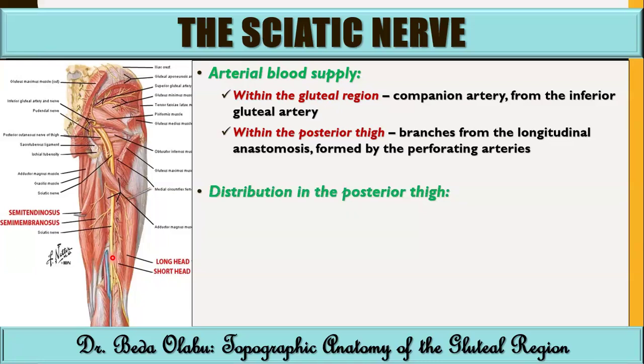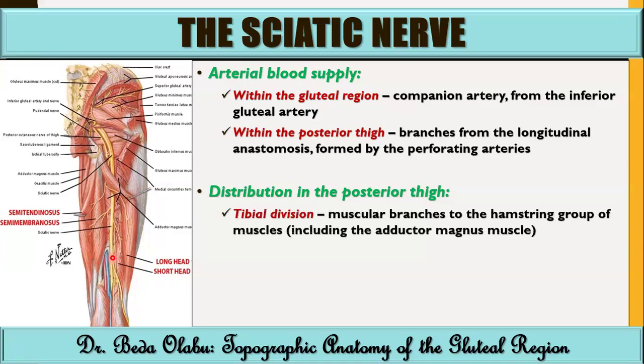What is the distribution of the sciatic nerve? The branches and distribution. So we don't have branches of the sciatic nerve in the gluteal region, in the context that I've described. In the thigh, however, we have some branches.